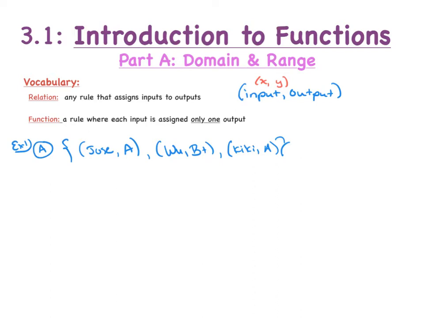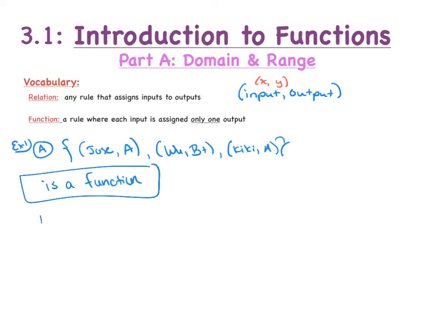Definitely a relation, and this is also a function because every input has only one output. In other words, every student can have only one grade. I don't have a student that can have two different grades. So this is a function.